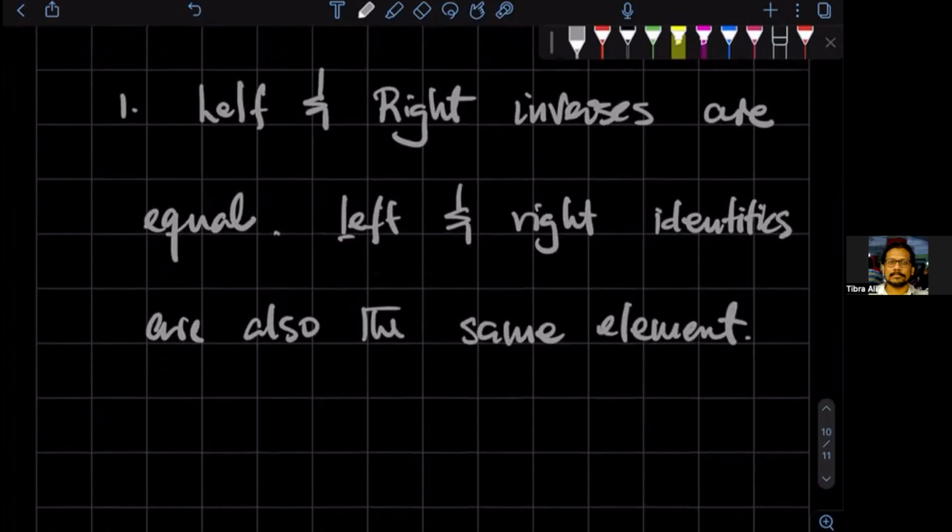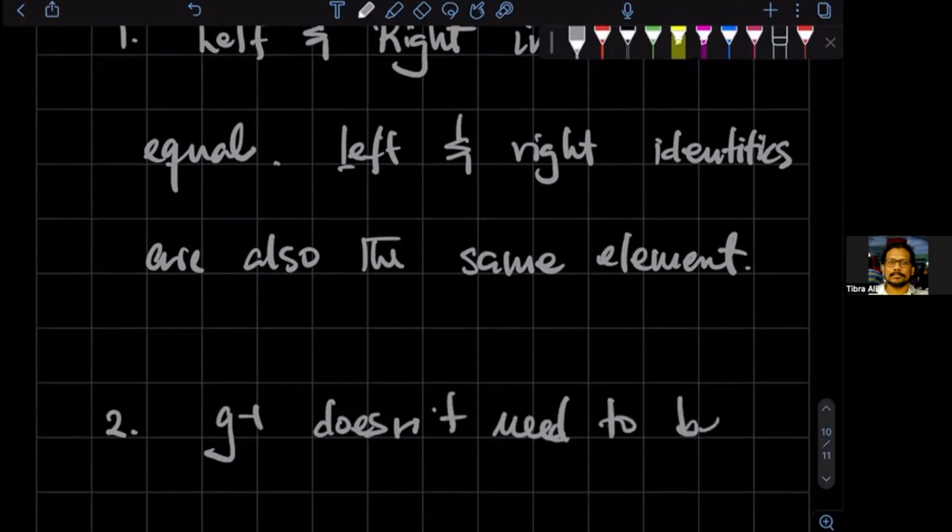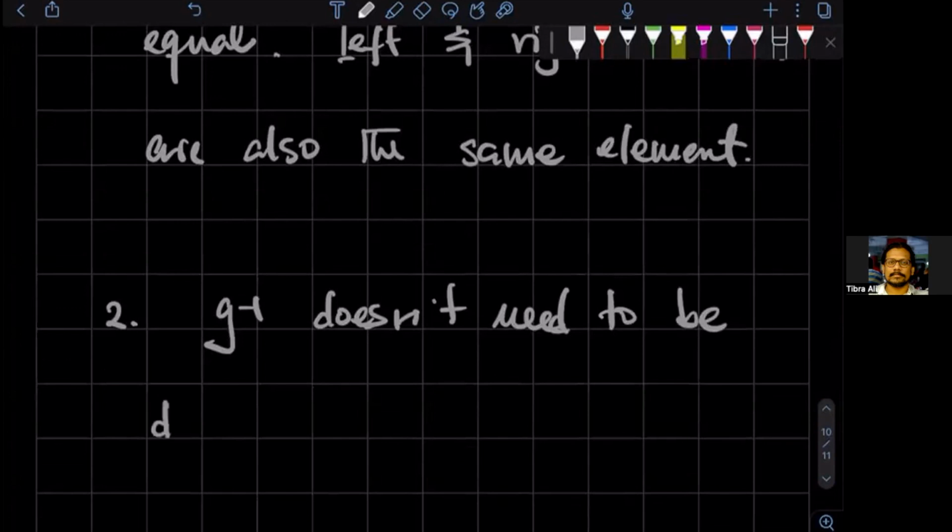Okay. Number two is that G inverse doesn't need to be different from G. And we'll see examples where that's the case, where that G inverse is actually equal to G.